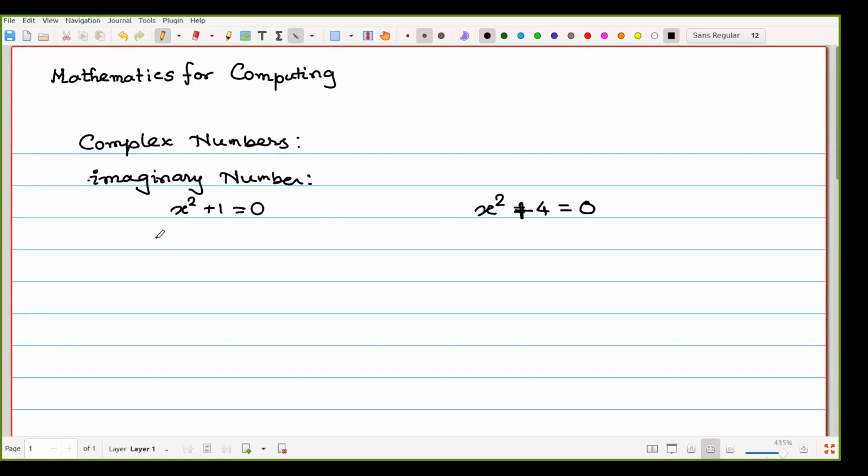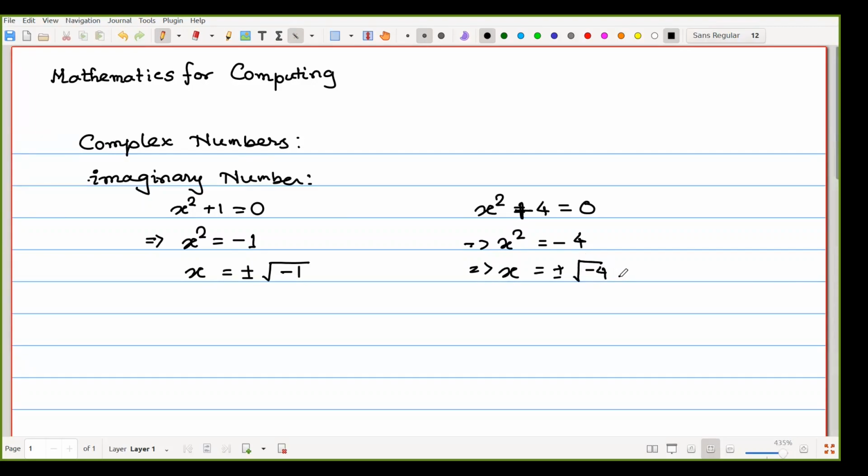Now, when we are solving this, suppose x square is equal to minus 1. So if we want to find out the value of x, then it is becoming plus minus square root of minus 1. Same as here, x square is equal to minus 4. So when we are finding the value of x, that is plus minus square root of minus 4.